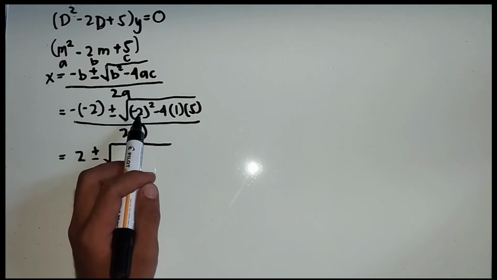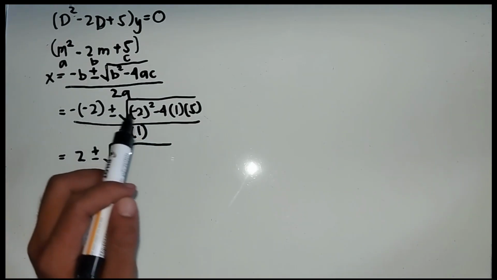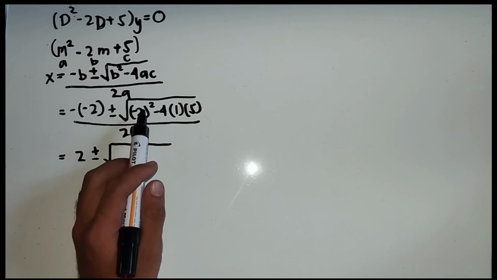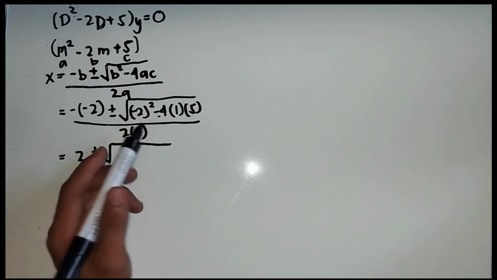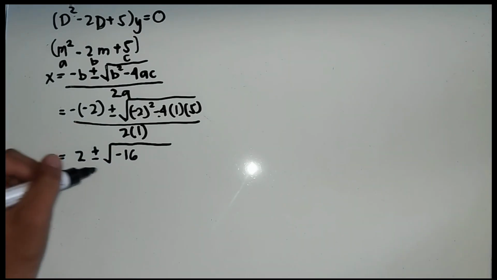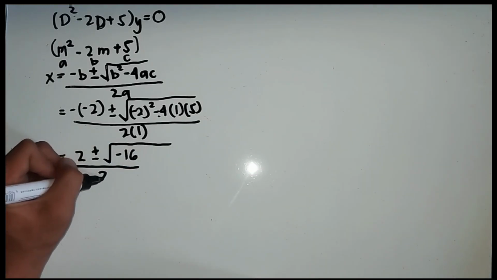So positive 4 minus 20 gives us negative 16, over 2 times 1, which is 2.